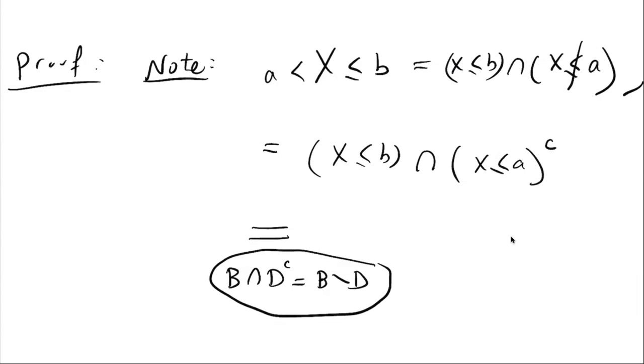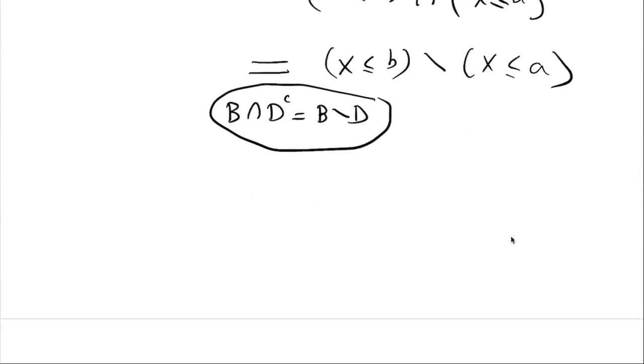This comes from basics of set theory. So I can write this one as X less than or equal to B minus X less than or equal to A. So we wrote the event this way.